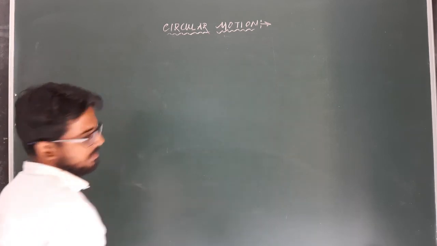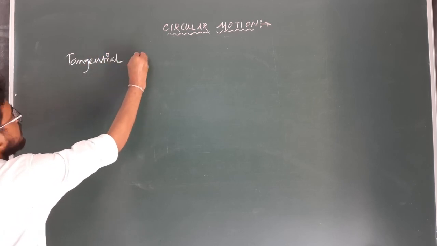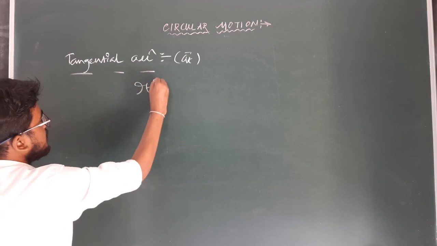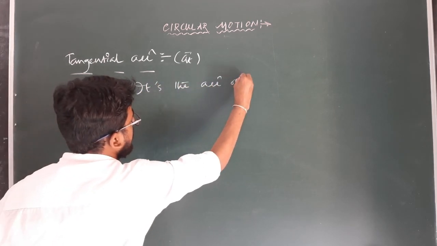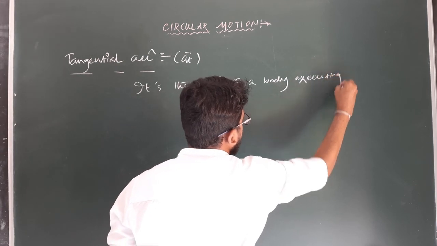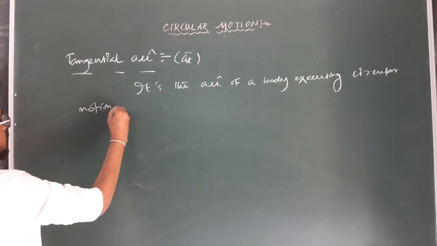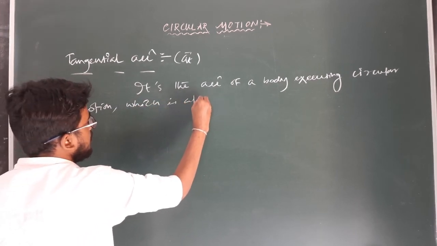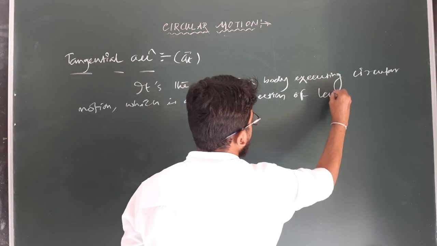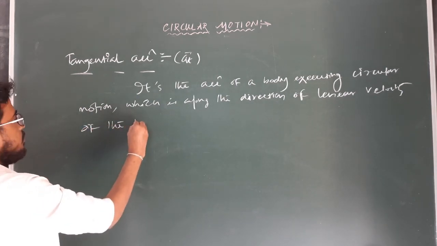So next is the tangential acceleration. It is denoted by A T. So it is the acceleration of a body executing circular motion which is along the direction of linear velocity of the body.